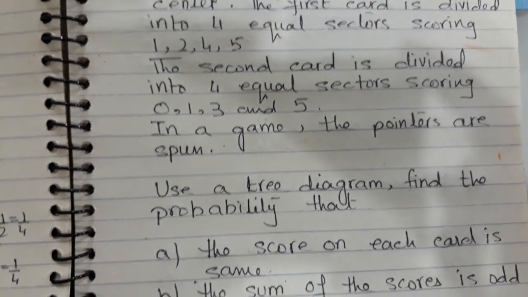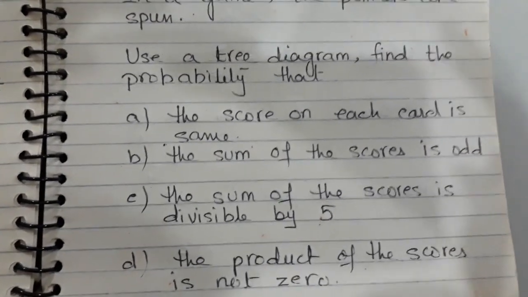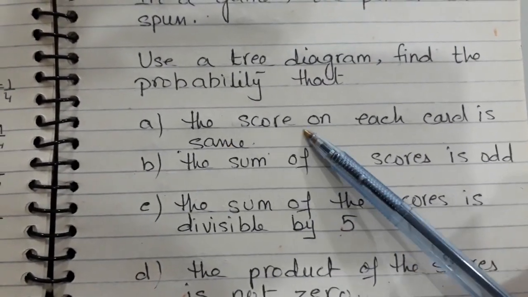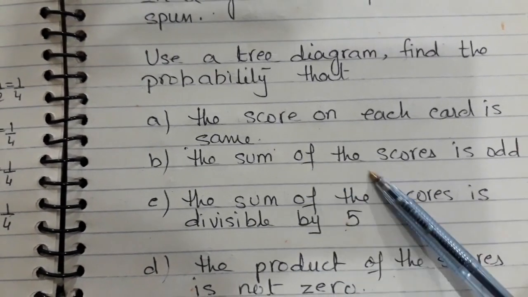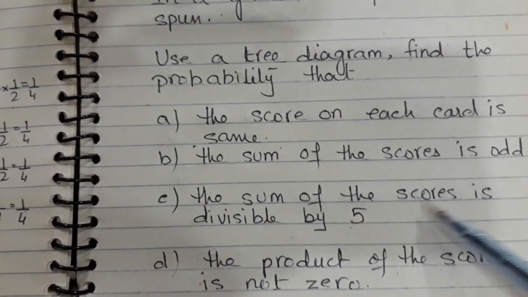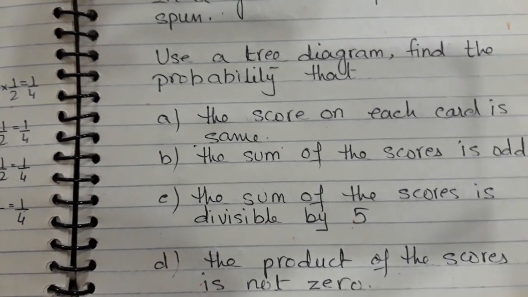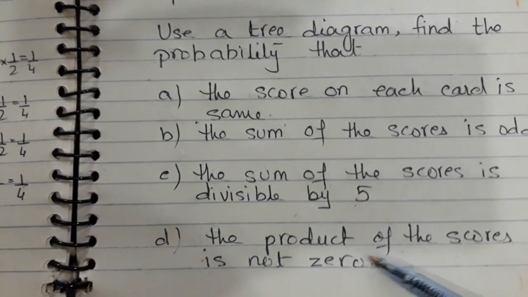Now there are 4 questions. What are those questions? Let's see here. The questions are: find the probability that the score on each card is same, the sum of the score is odd, the sum of the score is divisible by 5, and the product of the score is not 0.